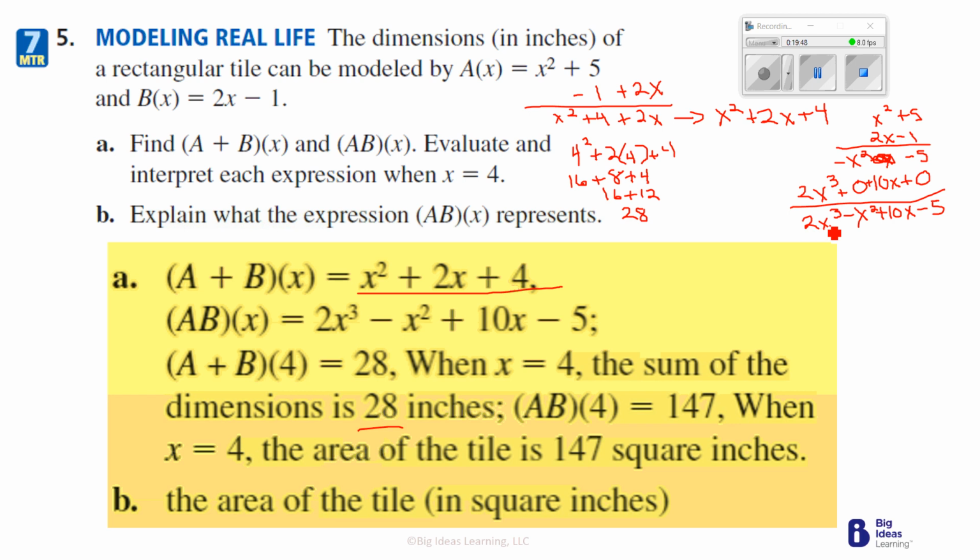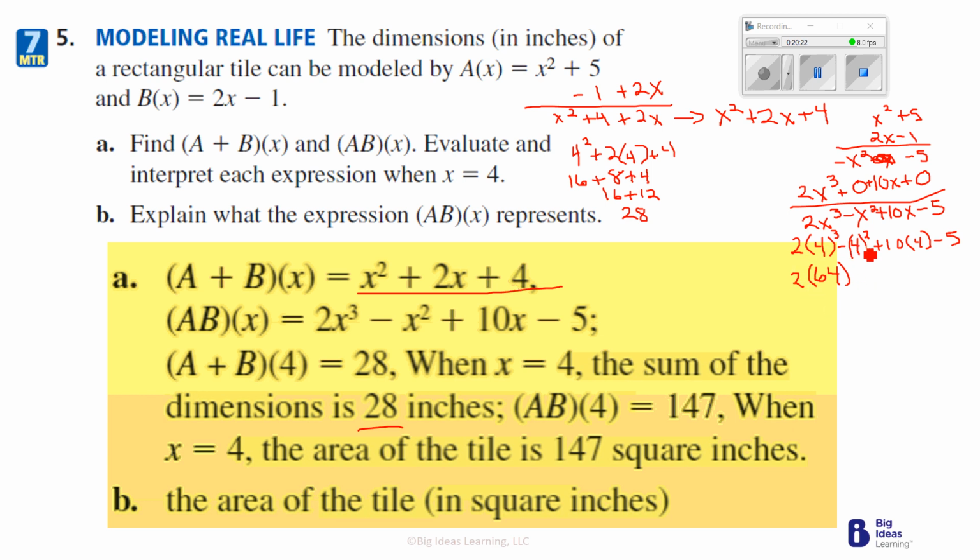Next one, we're going to be replacing x with 4, so that's going to be 2 times 4 to the third power, minus 4 to the second power, plus 10 times 4, minus 5. Well, 4 to the third power is 64, so we've got 2 times 64.